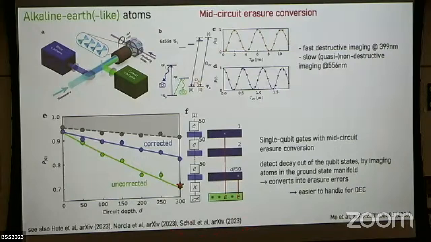And this other one is not exactly related to this mid-circuit readout, but it's also an interesting application of this erasure conversion idea that is from Manuel Endres' group at Caltech. So I'll try to add a few things in the slides before putting them on the website, but these are also very cool things that are happening using this type of alkaline earth atoms.